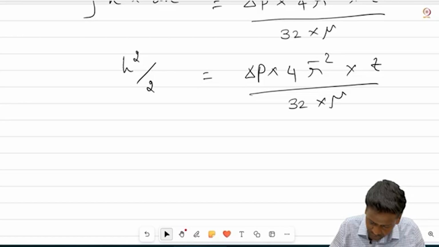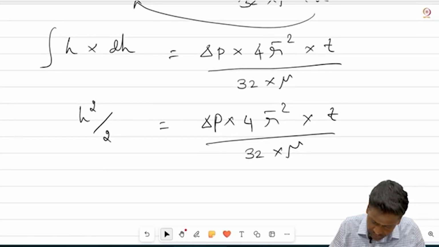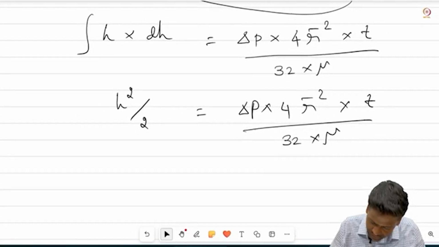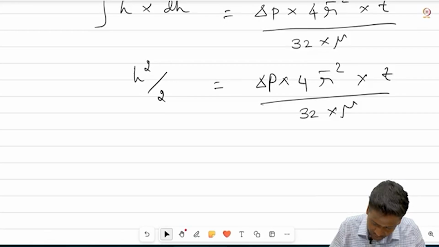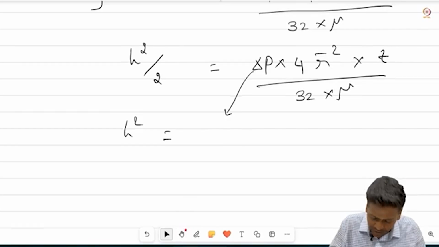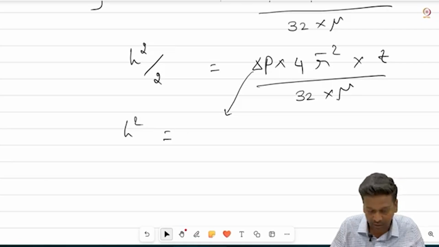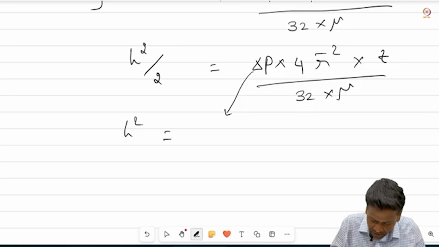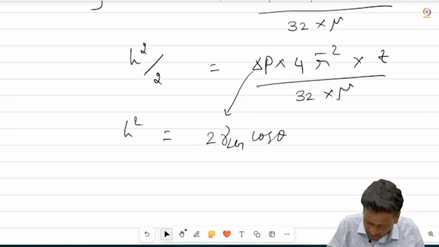So now I want to expand this delta p for capillarity. We know the capillary rise through a capillary tube. We can write this delta p as 2 gamma Lg cos theta divided by r.